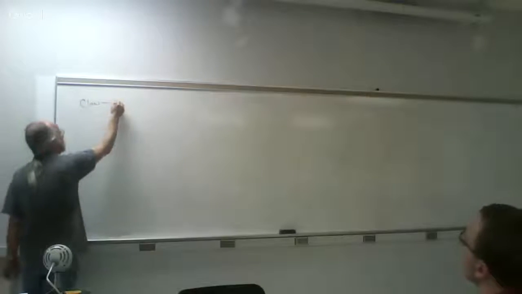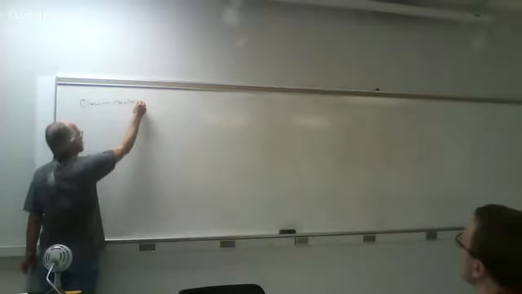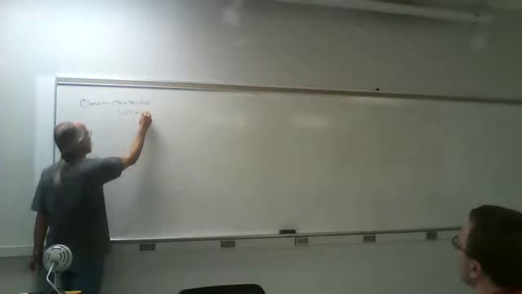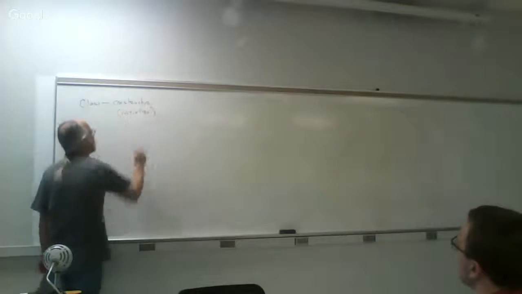I want to look at what kind of operations we might need. In C++, when we make a class, we make a constructor, which basically just initializes the data structure we're constructing.